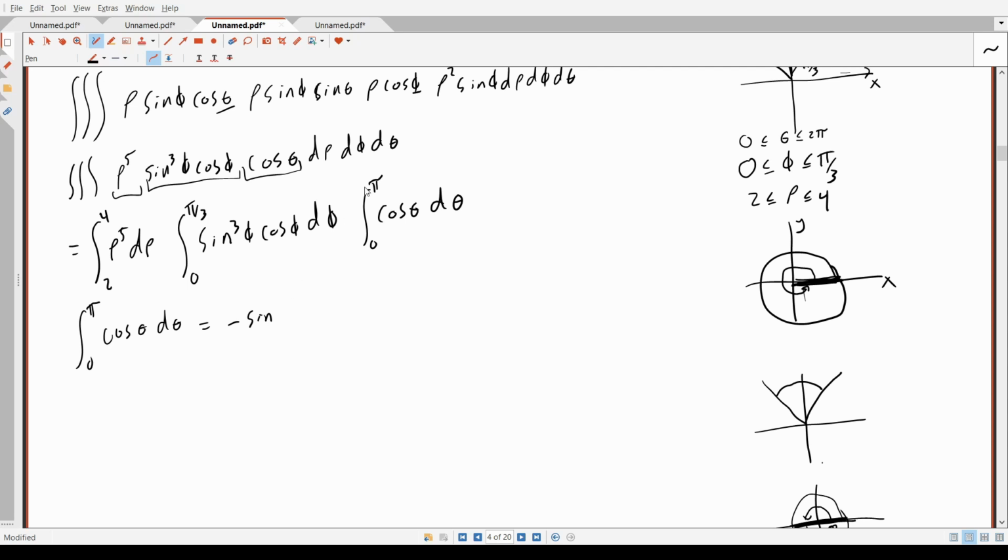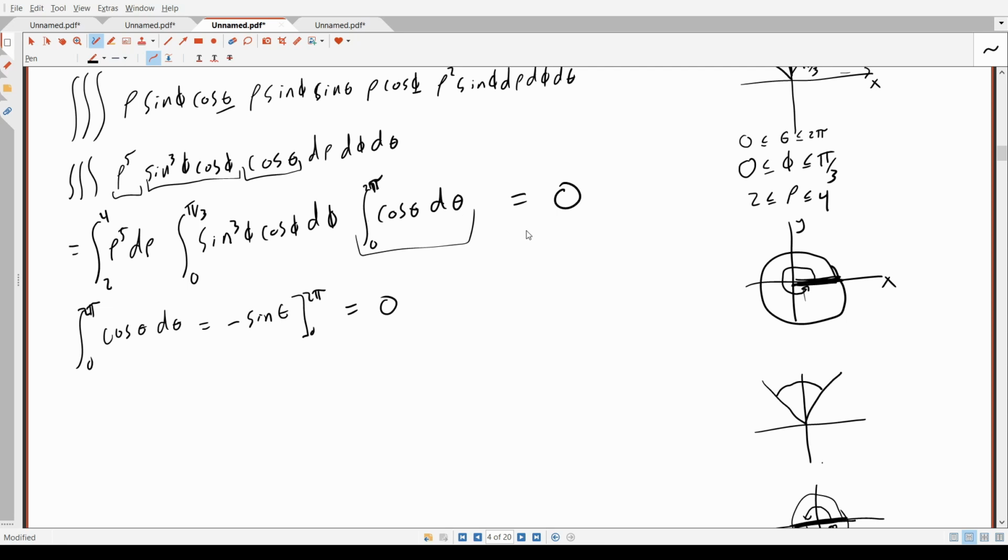Hold on, I just go to 2 pi. So this is sine theta from 0 to 2 pi, which is 0. Okay, so since this is 0 and we're multiplying all of these together, that tells us right away that this whole thing is going to be 0.